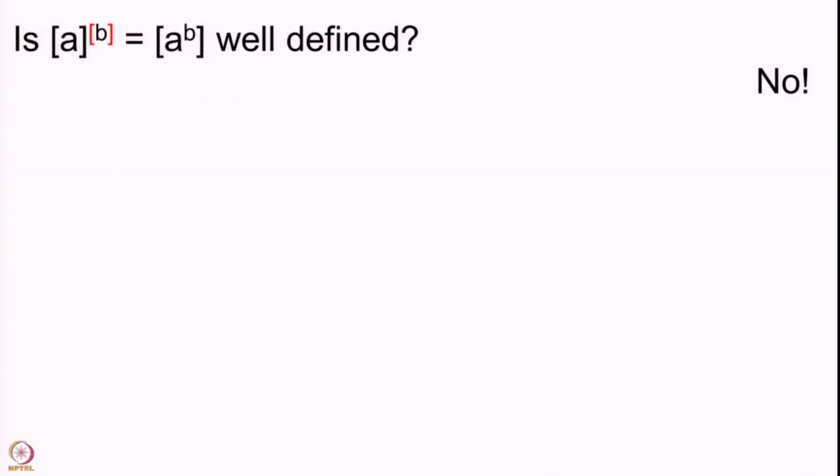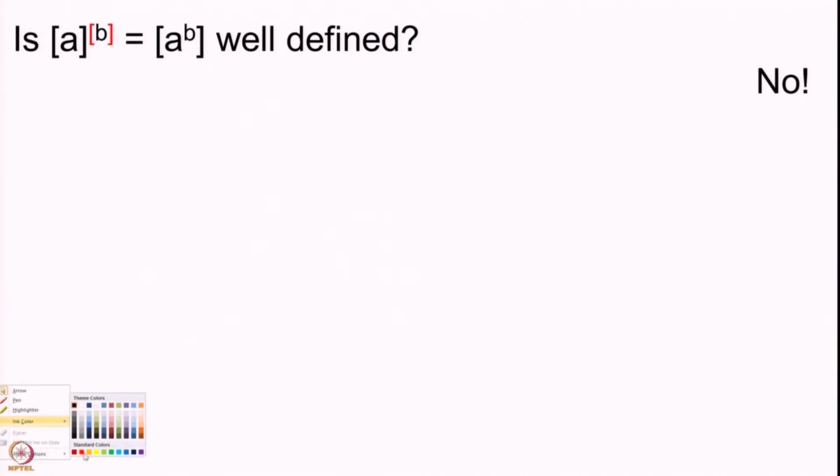Now, I want to give you an example of an operation which is not well defined. So, here the operation is given. We want to define power of a residue class by another residue class.